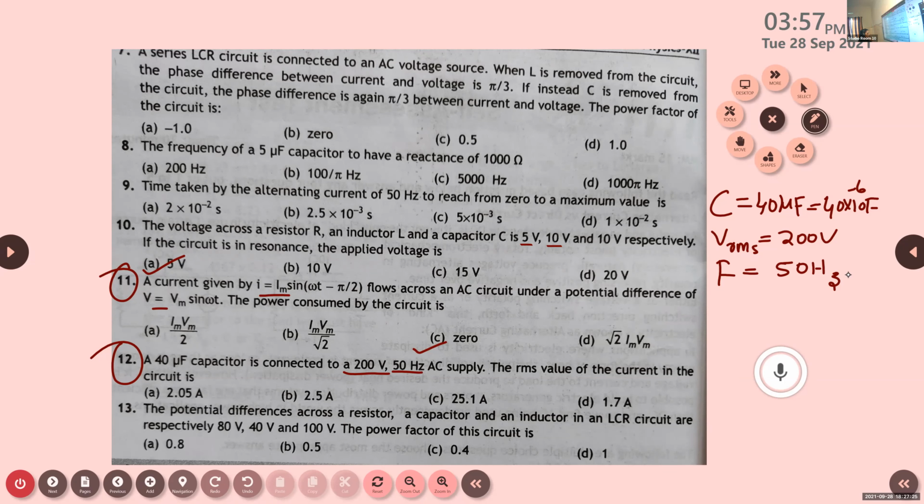Here the given circuit is an AC voltage through a capacitor. How can we find the RMS value of current?